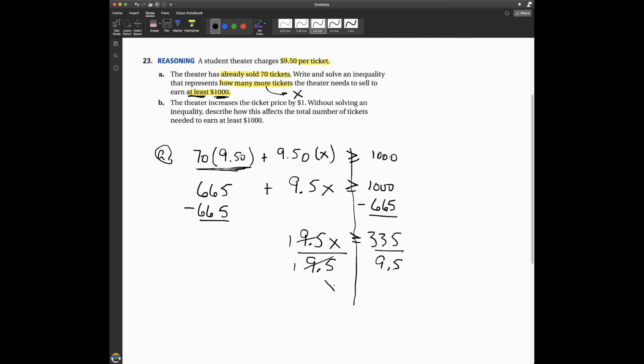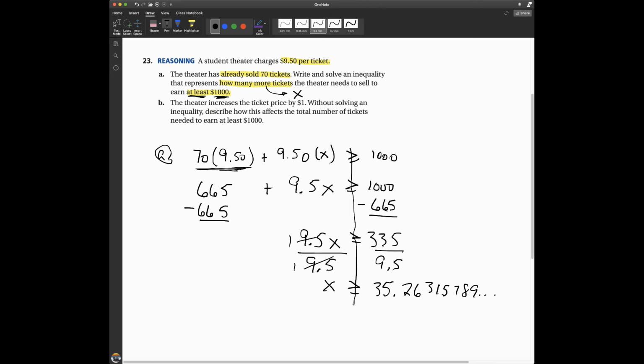I end up with x is greater than or equal to, let's see, 35.2, and there's a bunch of other numbers: 6, 3, 1, 5, 7, 8, 9, and it goes on in my calculator.